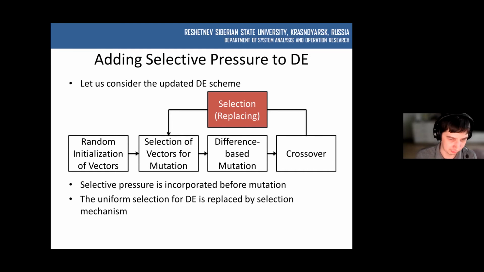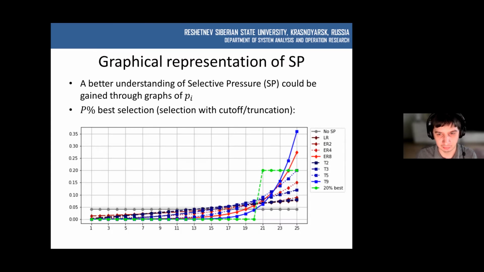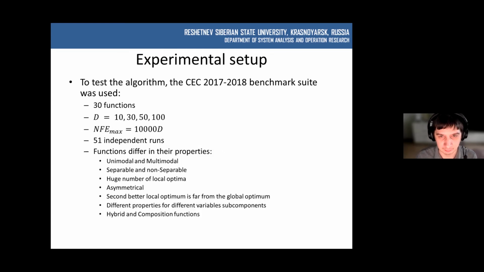I don't know why, but incorporating this selective pressure helps differential evolution very much. In 2019 I already made a talk about this. For example, we used a simple rank-based selection, and it helped very much. But of course, this is not the focus of our current talk, so I will not say a lot about this part.